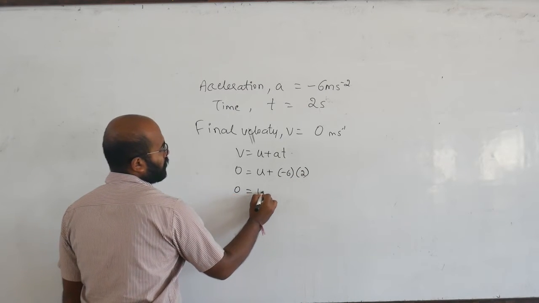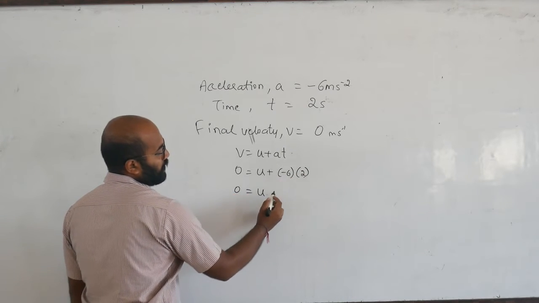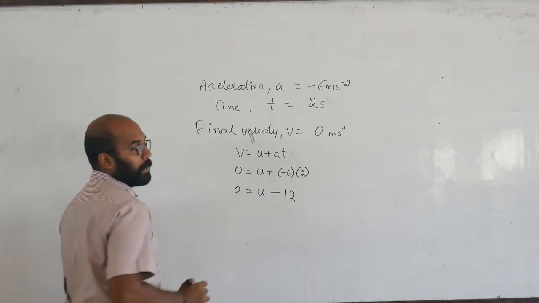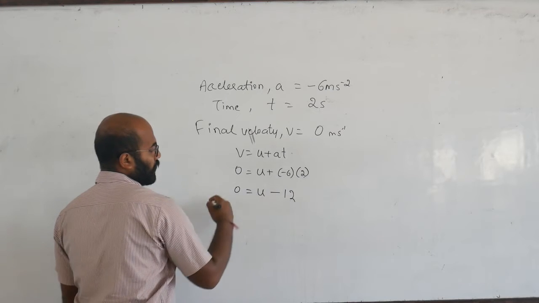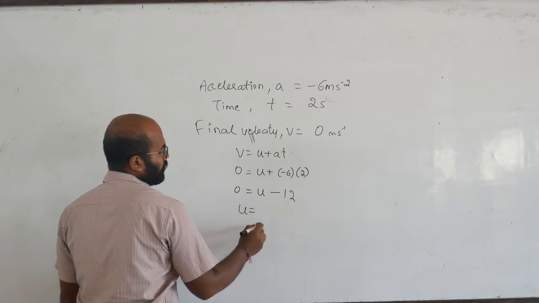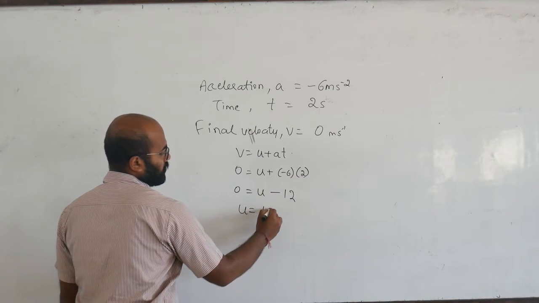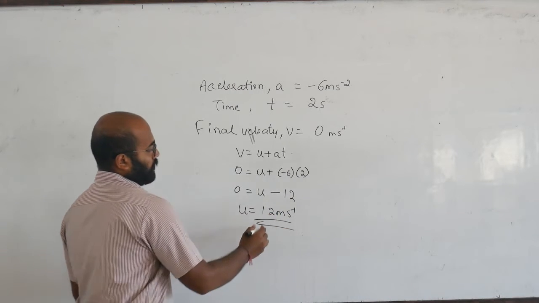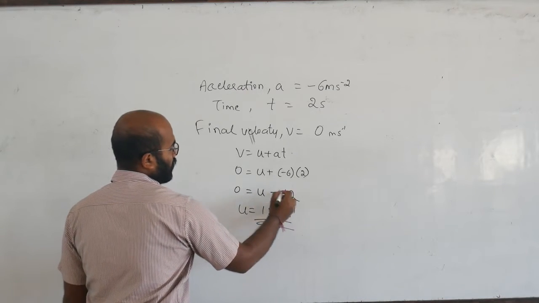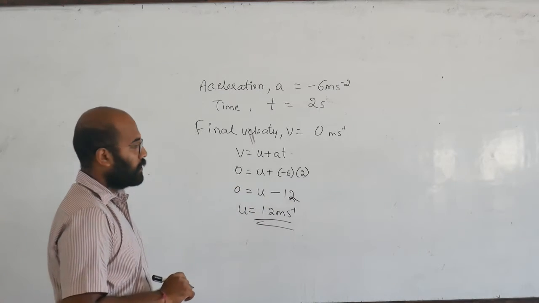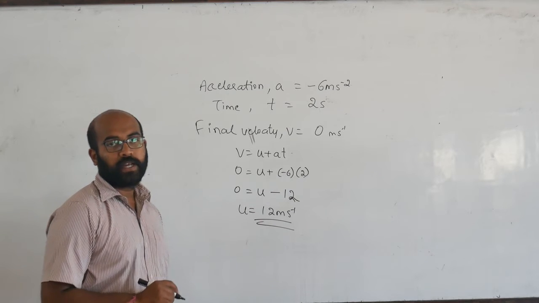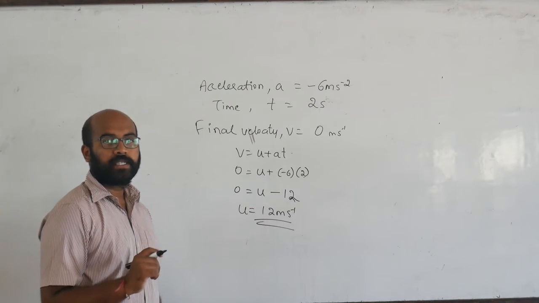So 0 is equal to u, 6 2s are 12, but plus into minus is minus. So if I take u to the other side, u minus 12 is equal to 0. So 12 I'll bring to the other side. So u is equal to 12 meter per second.